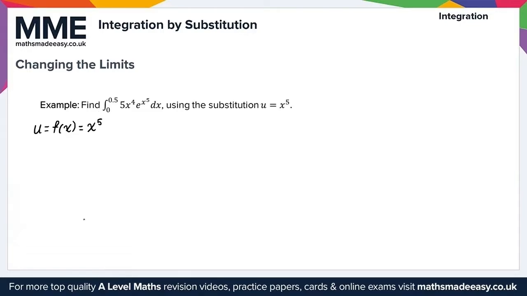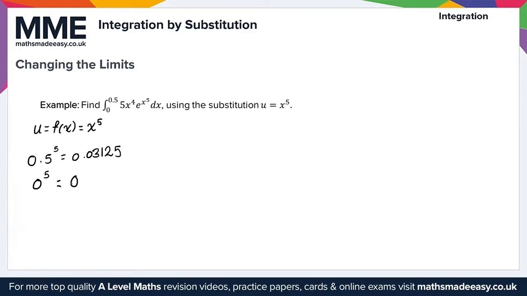Our upper limit would become 0.5 to the power of 5, which is equal to 0.03125. And if we substitute the lower limit, that's 0 to the power of 5, which simply gives us 0.